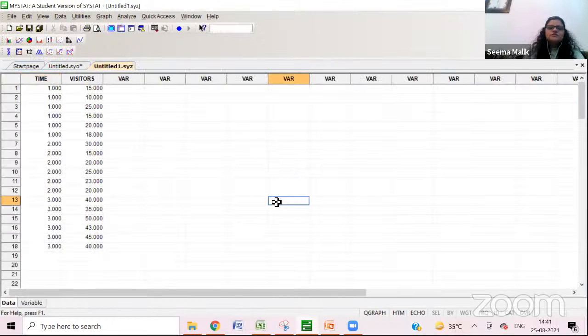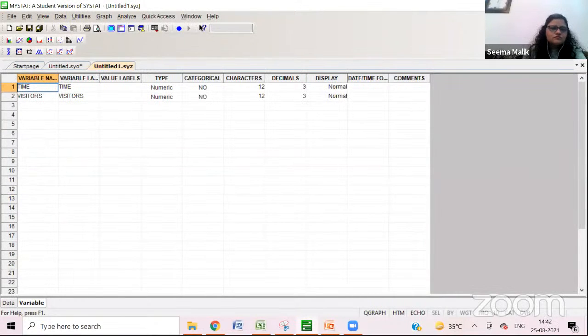So what does this sheet tell us? There are two variables: one is time, another is visitors. Suppose I am taking this example in case of a mall. Suppose in a mall, the manager wants to invite some kind of band, extra live performances.